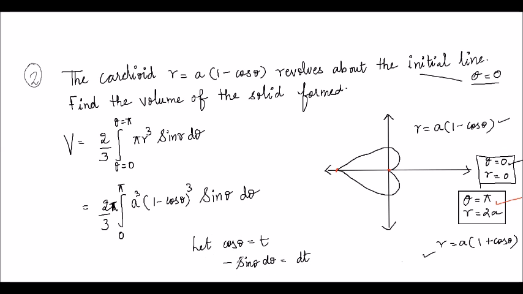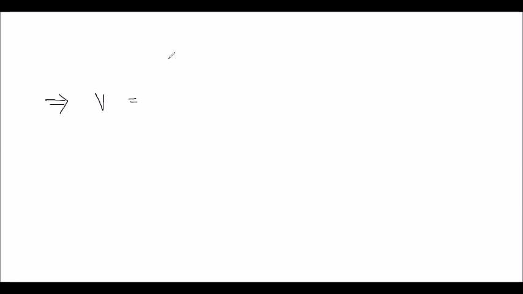By using the property of definite integrals, we can arrange the limits also. So we can write that as 2 upon 3 pi a cube within the limits minus 1 to 1, (1 minus t) whole cube dt.